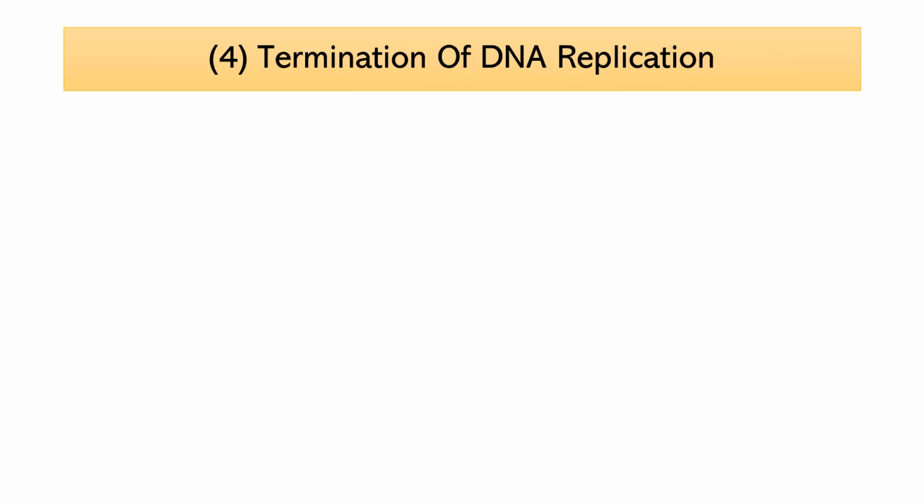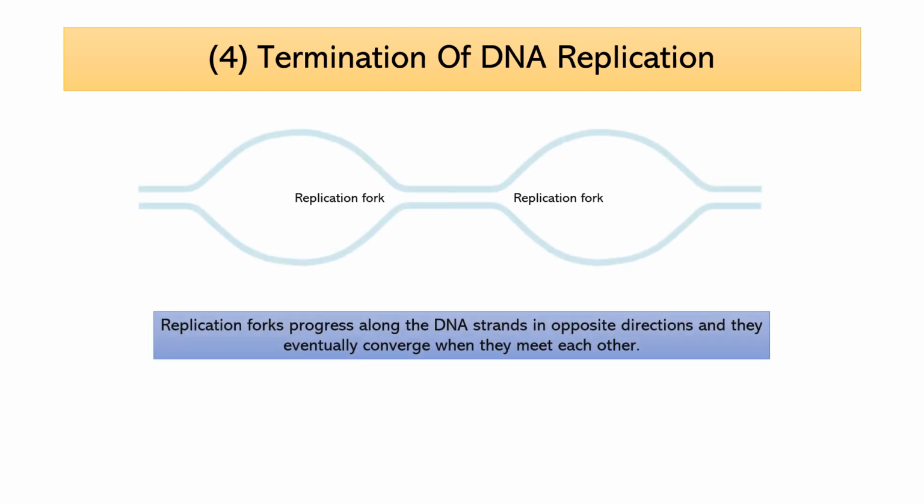Now we get to the last stage of DNA replication, which is termination. Termination occurs when two replication forks meet.